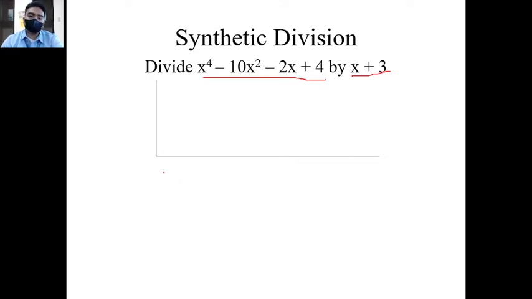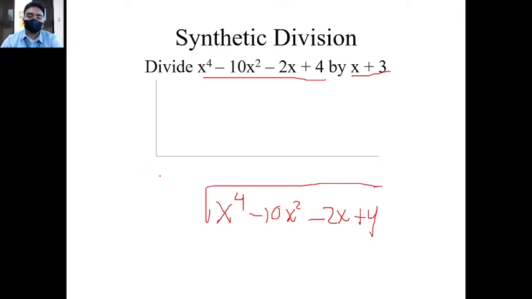In long division, we are going to divide this in this format: x raised to 4 minus 10x squared minus 2x plus 4 divided by x plus 3. That is how we place it in a long division. But in synthetic division, we are just going to get the coefficients per term.